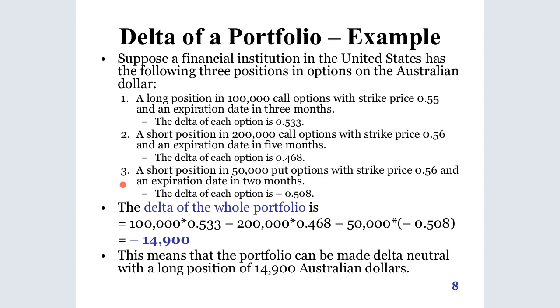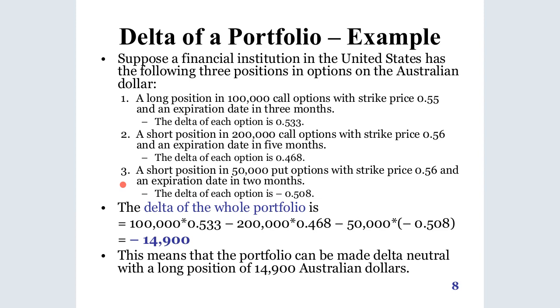What does this mean? This means that if the Australian dollar moves up by 1 unit, the person might stand to lose $14,900 because of this option position. So if he wants to cover or protect himself, he says, okay, I will hold $14,900 in cash.